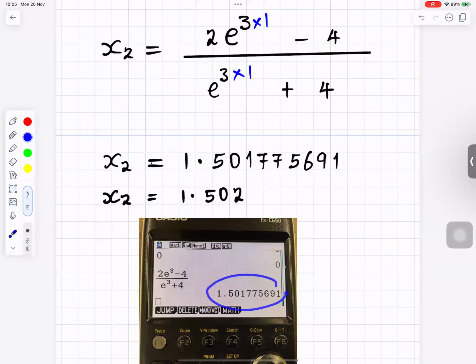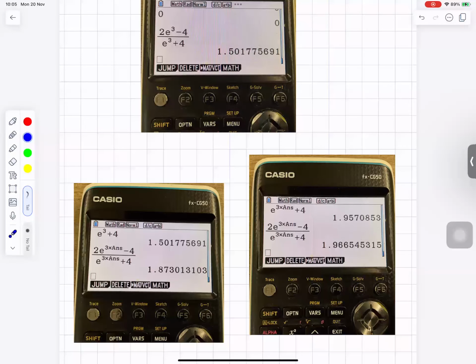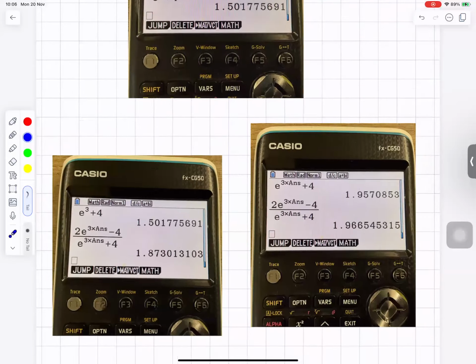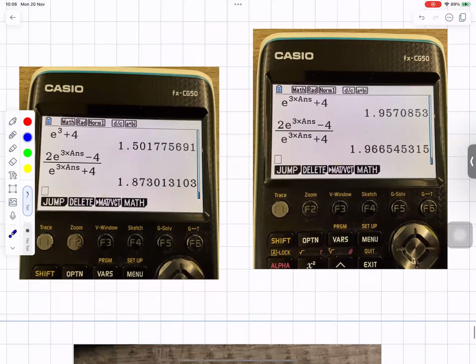So in the calculator, we'll get 1.50177561. So the clever thing in the calculator is you would use this answer, put it in the same formula again, but instead of typing this long number, you just put 3 times answer.